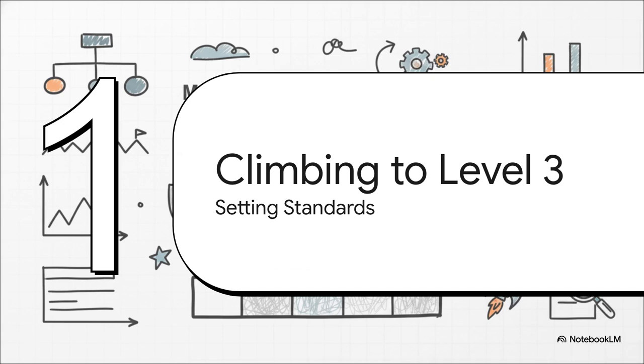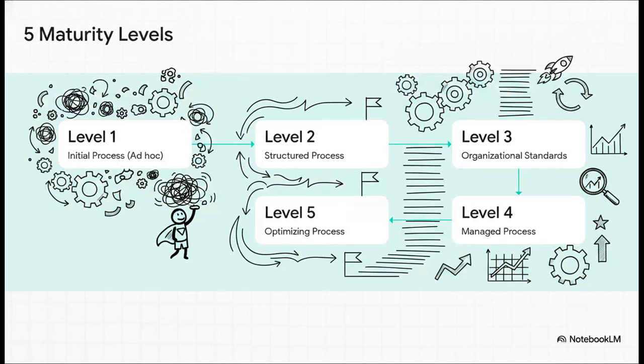Section 3. Climbing to Level 3, establishing institutionalized standards. To actually progress from that initial chaos we talked about, we must intentionally evolve up this 5-step staircase. We always start at a totally reactive Level 1 state, where processes are completely undocumented and entirely reliant on those exhausted heroes.